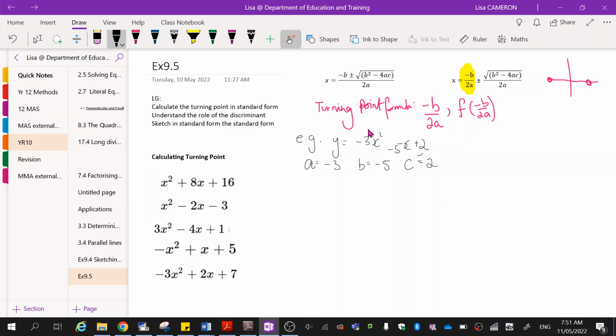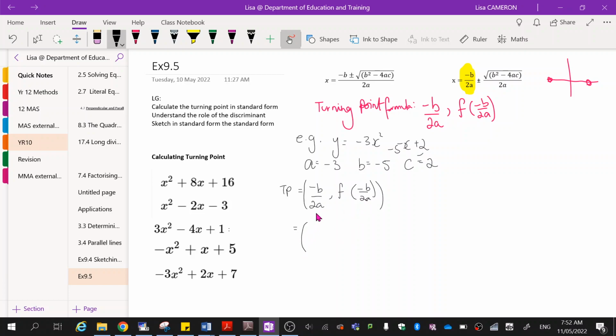Okay, so now I'm going to substitute it into my equation. Each time, I'm going to state the formula, remembering that this will give me a coordinate. The easiest way to solve this is to do this first part, get your answer, and substitute it back in here.